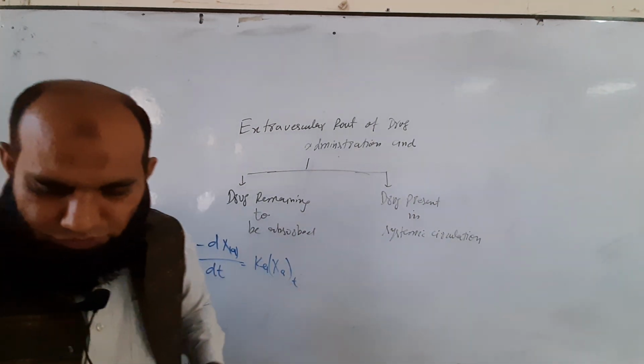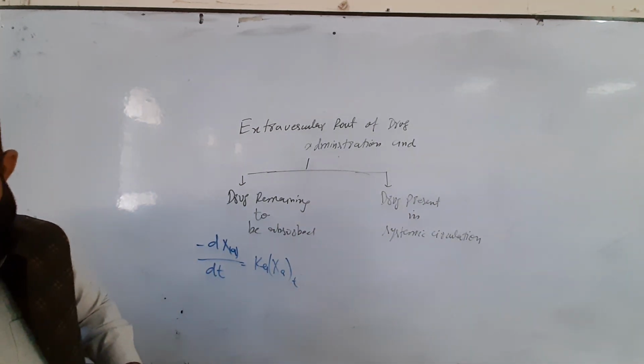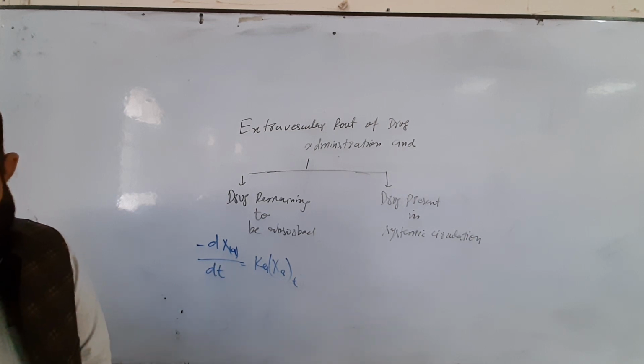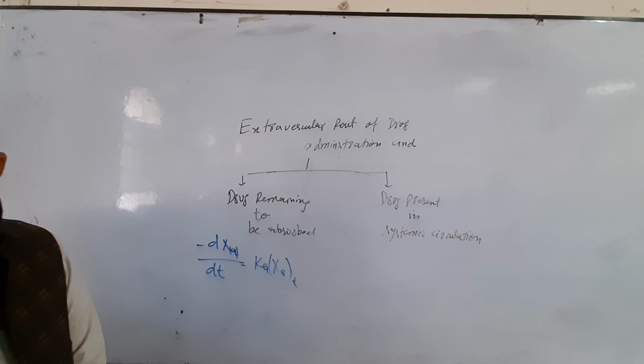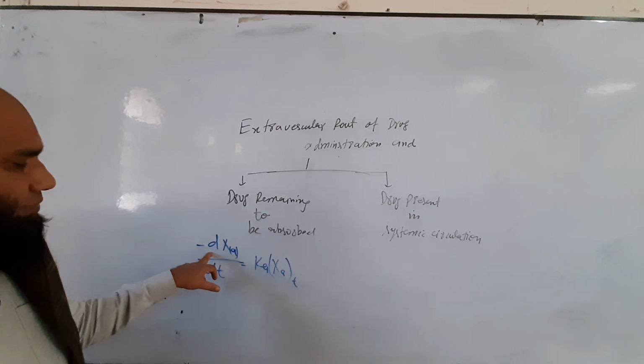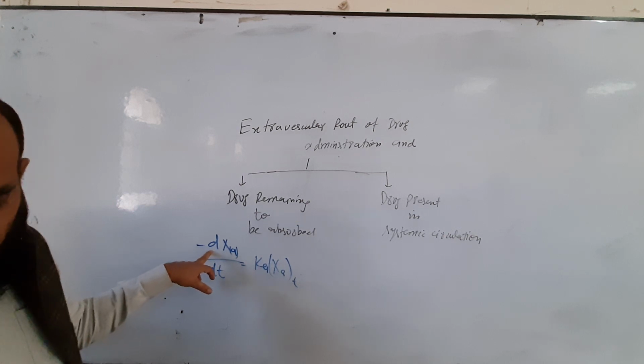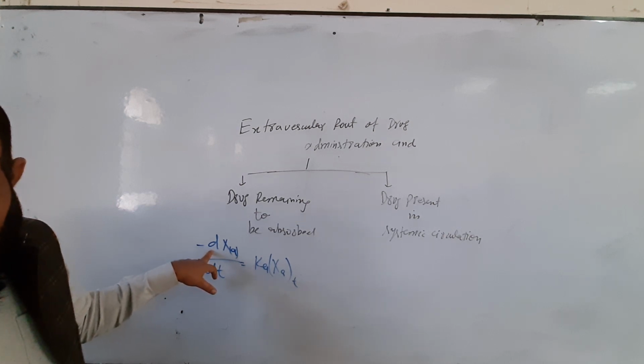So here dXa over dt is the decrease in amount of absorbable drug present at the site of administration per unit time, and its unit is milligram per hour, gram per minute, milligram per minute, and maybe other units.